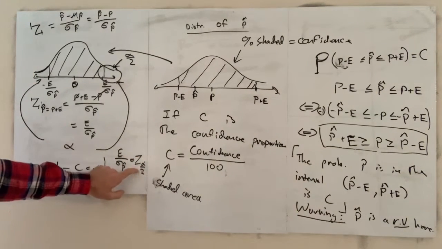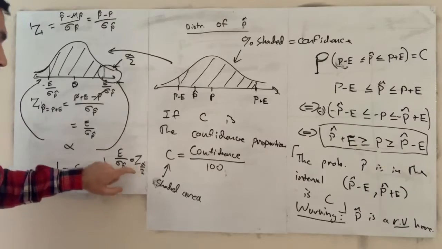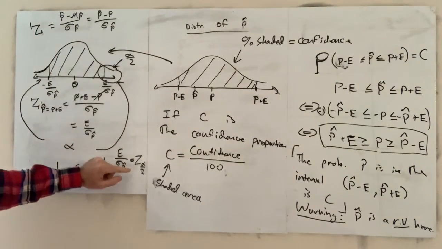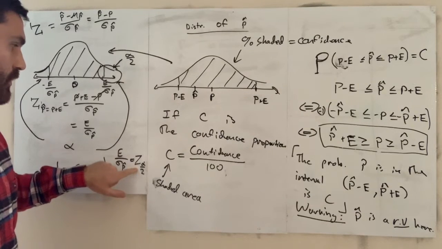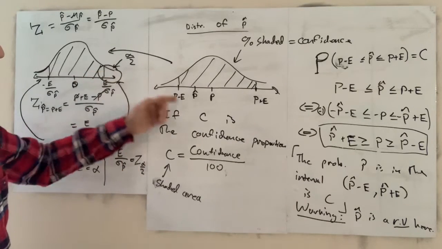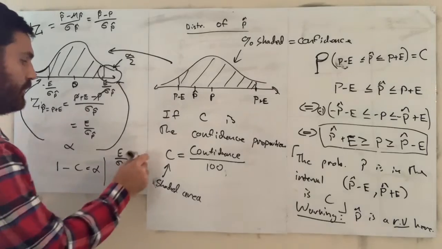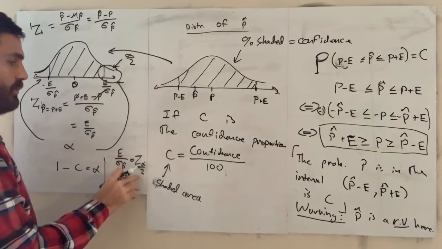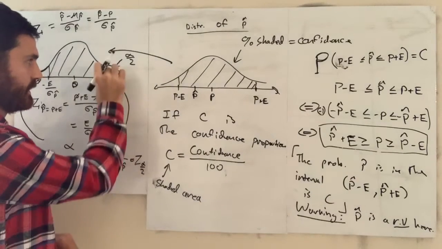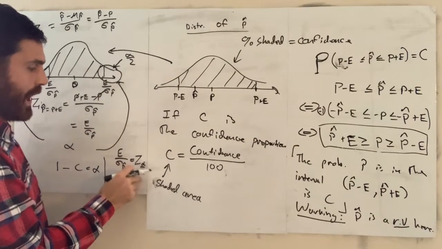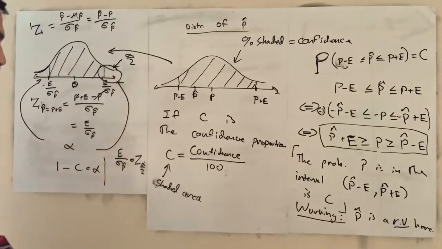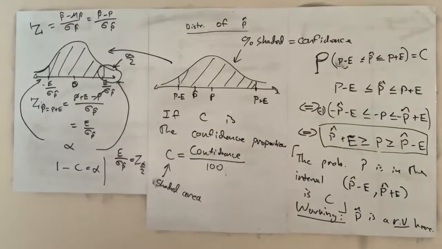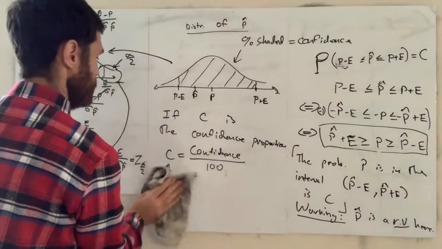Okay, so remember when we write Z sub something there, that means that's the Z value where the area to the right is equal to this sub value. So we're saying this is the Z value where the area to the right is equal to alpha over 2. All right, so what do we get?